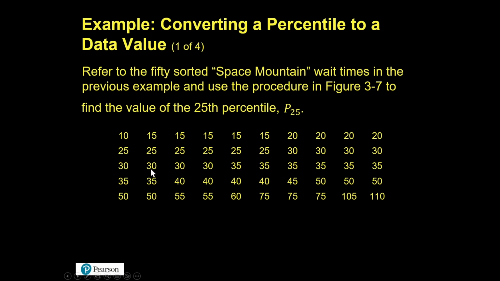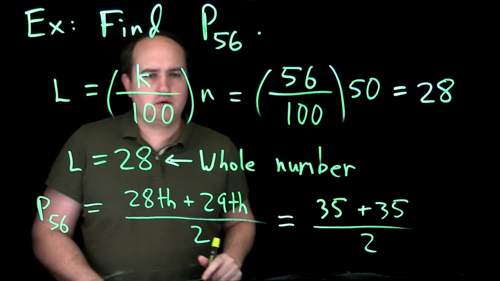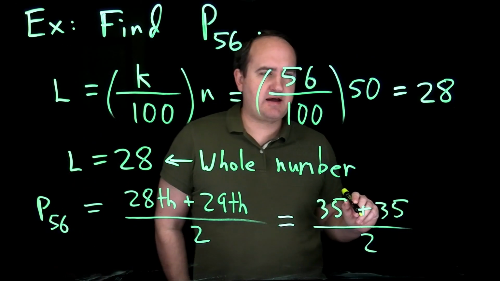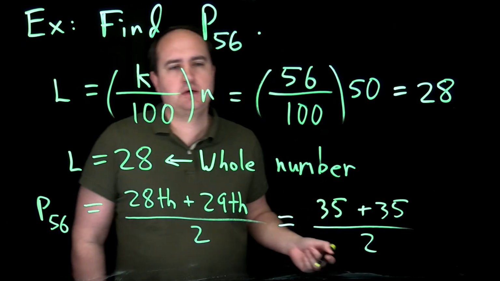So this is 21, 22, 23, 24, 25, 26, 27, 28. So 28 is 35. And then we also want the 29th value, so that happens to also be 35. So we have 35 plus 35 all over 2. Okay, so the 28th plus the 29th is going to be 35 plus 35 all over 2.